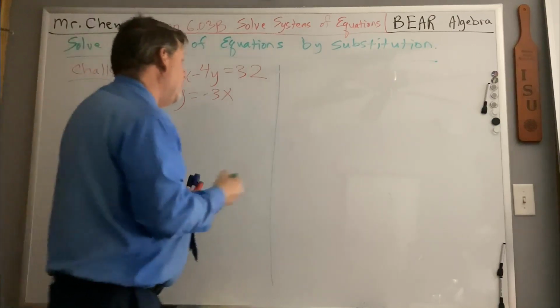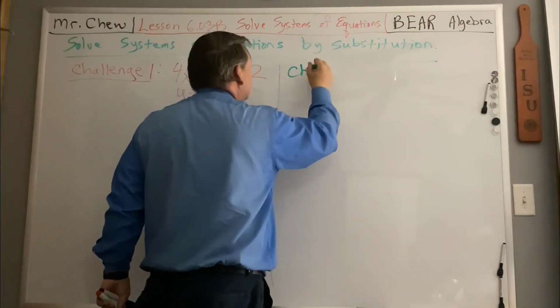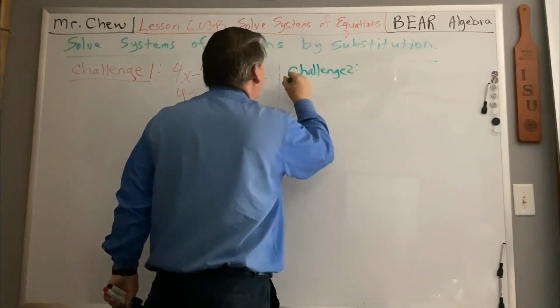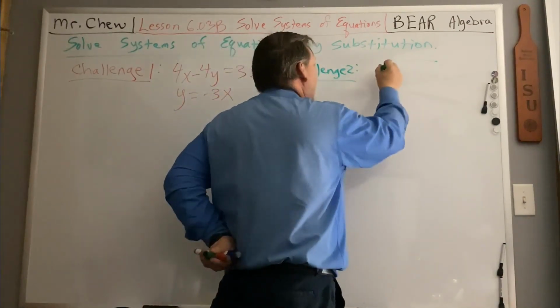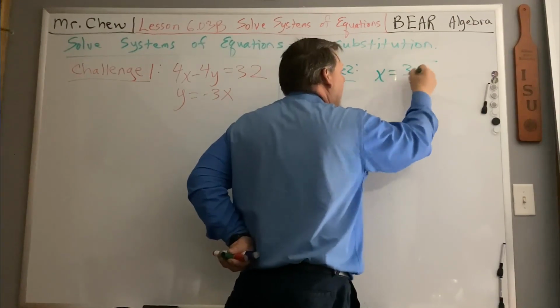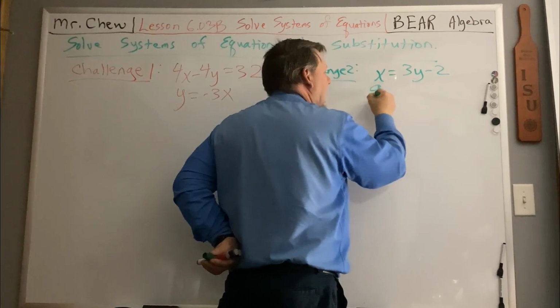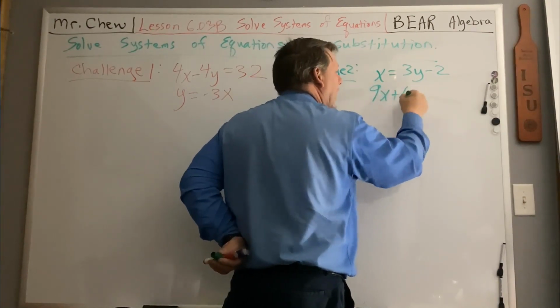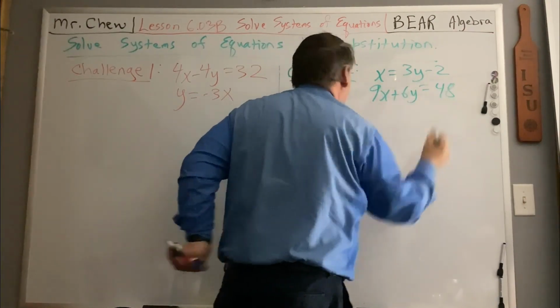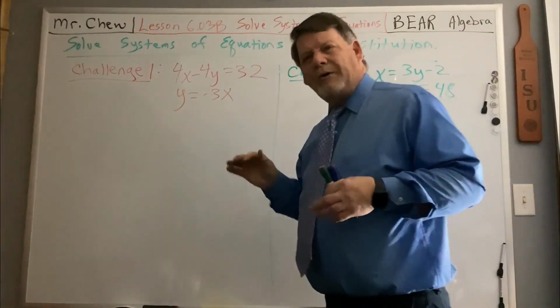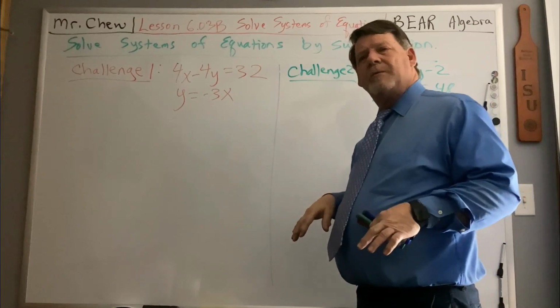In challenge 2, we're going to have x equals 3y minus 2 and 9x plus 6y equals 48. Try those two problems. You could pause this now after you write these down on a sheet of paper.